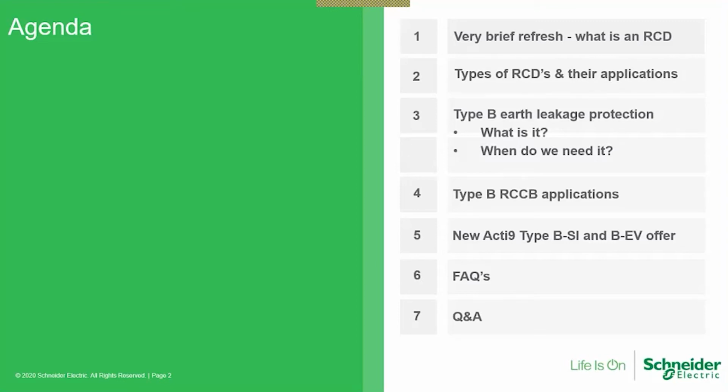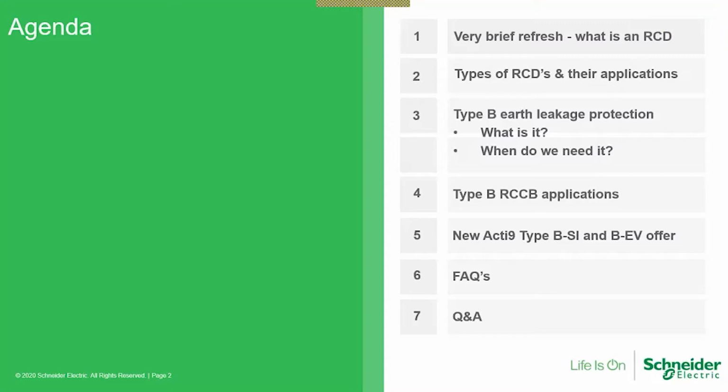Okay, this morning, this is the agenda. It's going to be a very brief refresh on what an RCD is, and when I say brief, it will be very brief. Then we'll move on to the various types of RCDs and their applications to give everybody a better understanding of the various types that are available in the market.